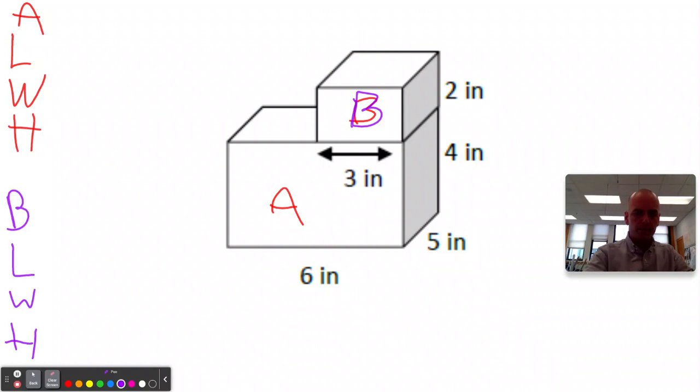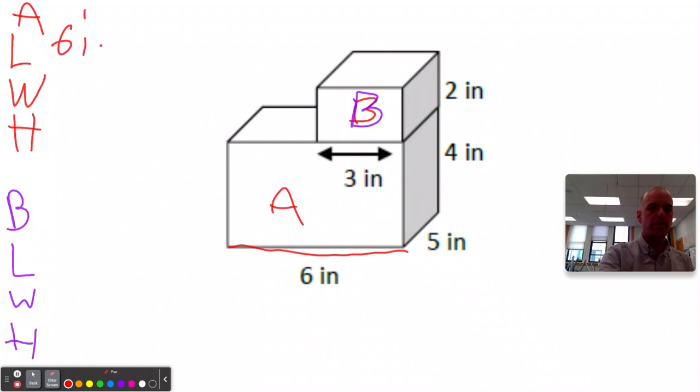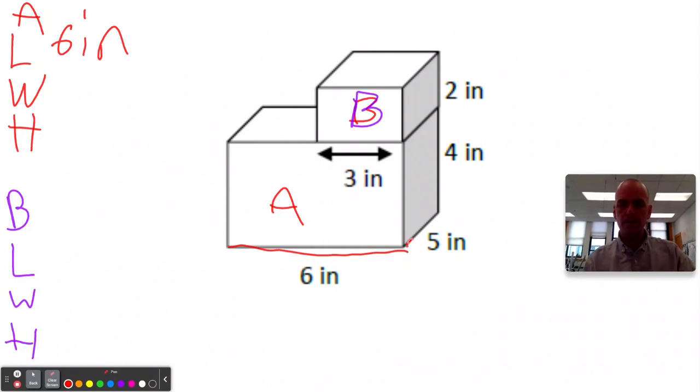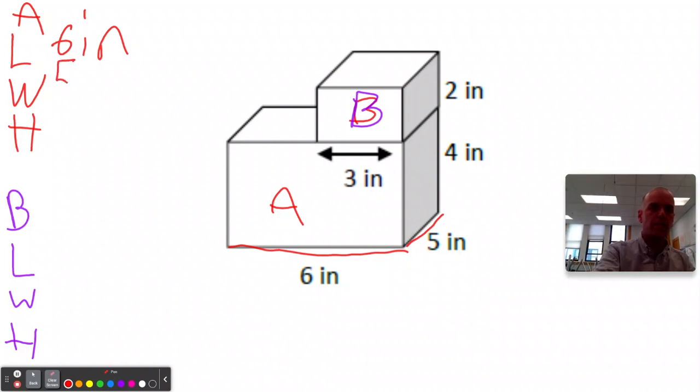Okay, so let's go ahead and do A. So A, the length is pretty clear. It's right here. It's 6. Okay, so 6 inches. Please be following along with me. Here, the width is, yes, 5 inches. Who called that out first? Was it Arhan? Okay.